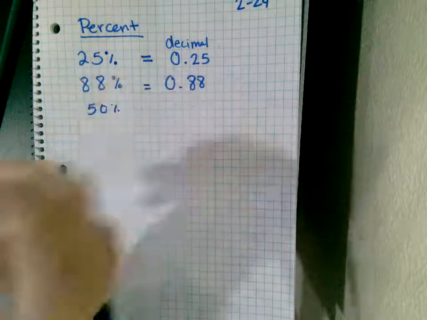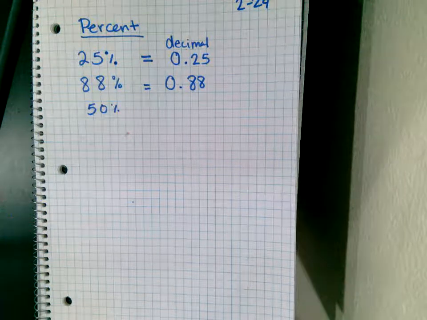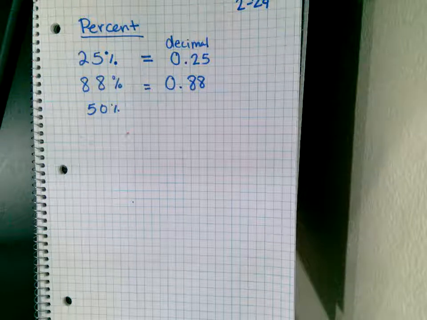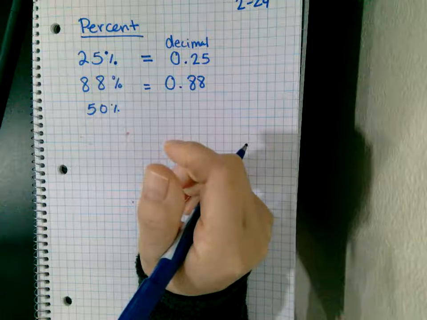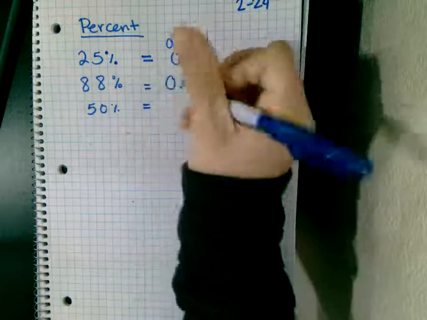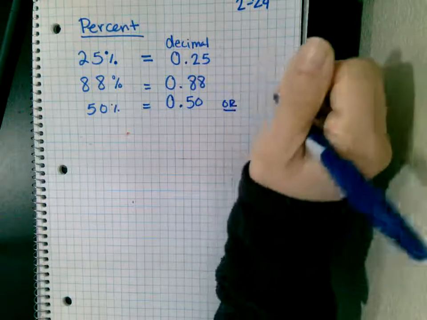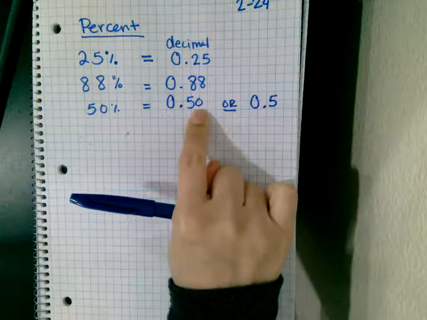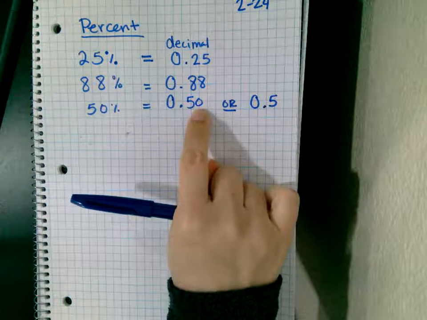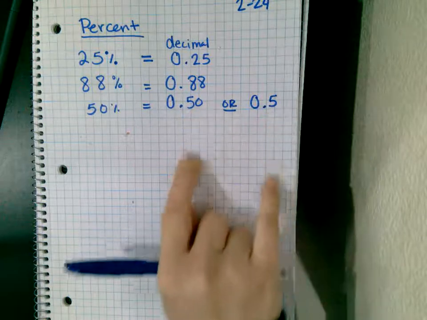What is 50% written as a decimal? 0.50. Yeah, so you can write it as 0.50, or some kids write it as 0.5. It's okay to drop the last zero, so you can write it either way. All right, cool.